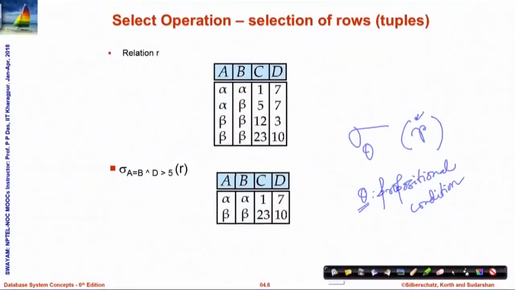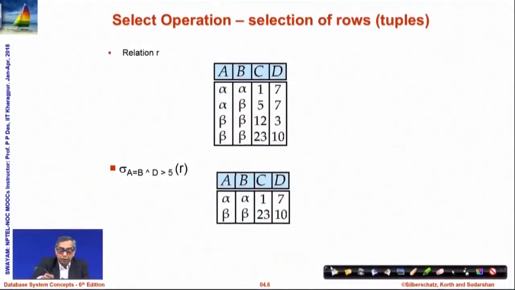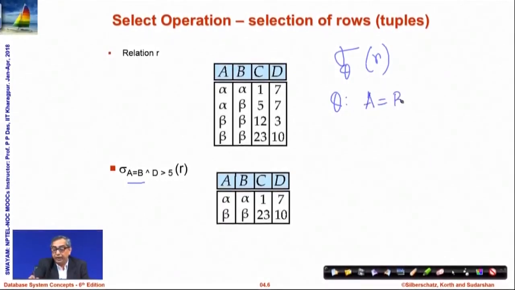So, let us look at this example. Our condition theta is A is equal to B and D is greater than 5. We are saying that for any row to be selected, the value of its A attribute should equal the value of its B attribute, and when that happens, the value of its D attribute must be greater than 5.